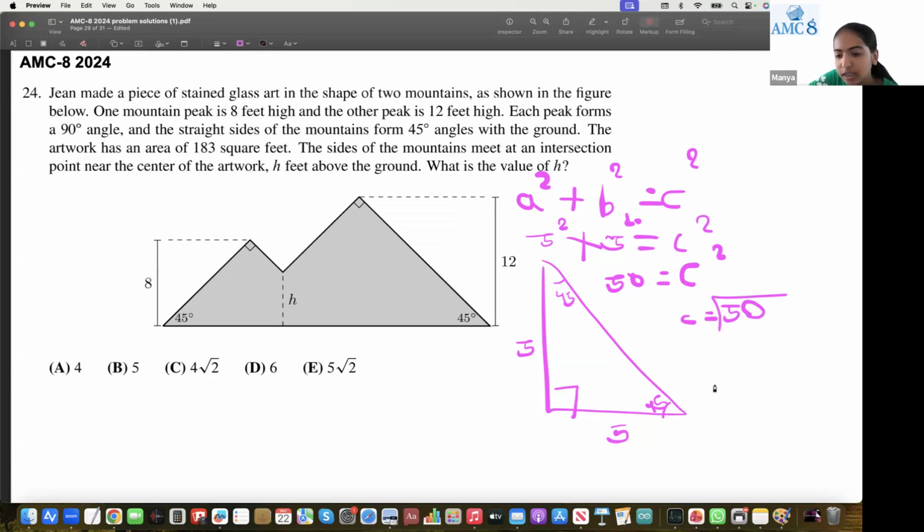So we can do that c is equal to the square root of 25 times the square root of 2. So that means that c is equal to 5 square root 2, since the square root of 25 is 5. So c is equal to 5 square root 2.